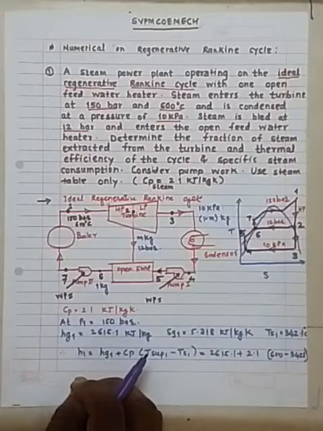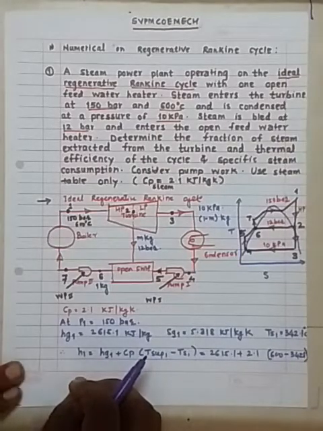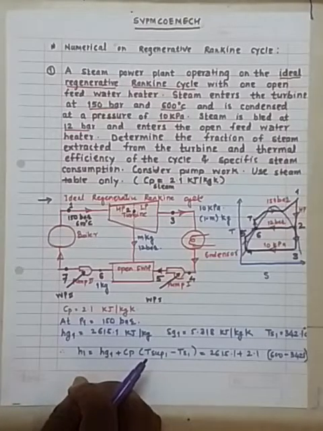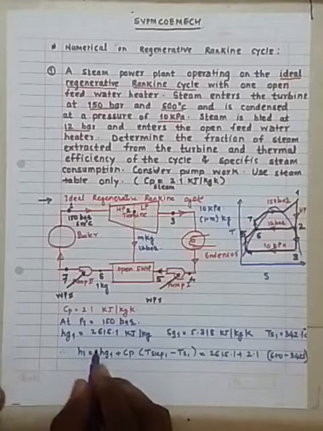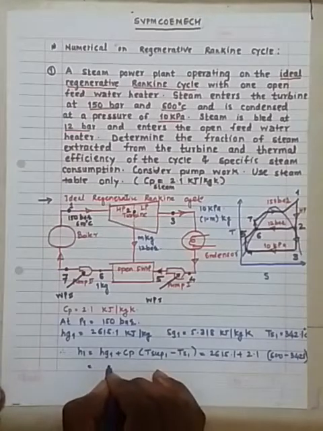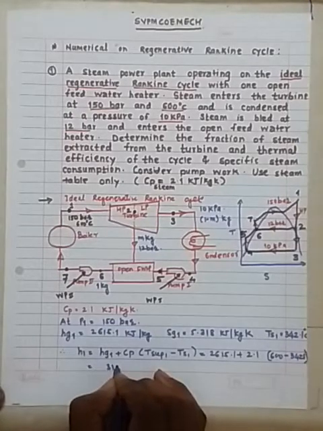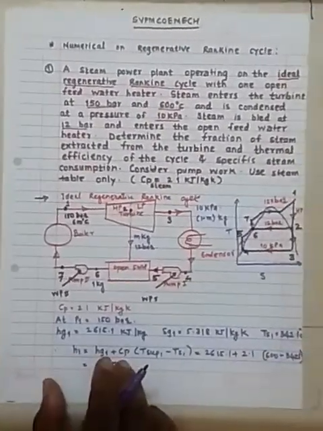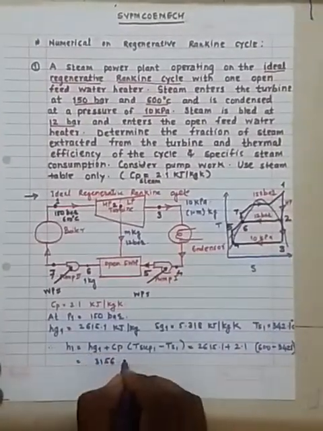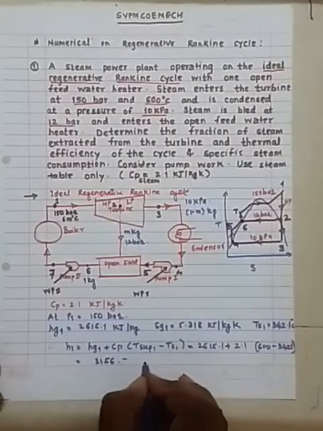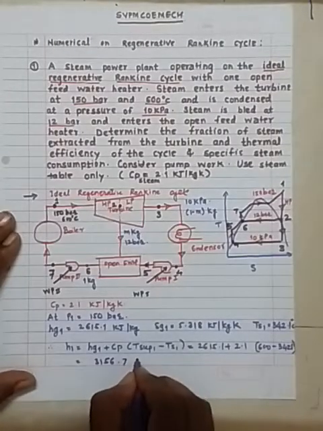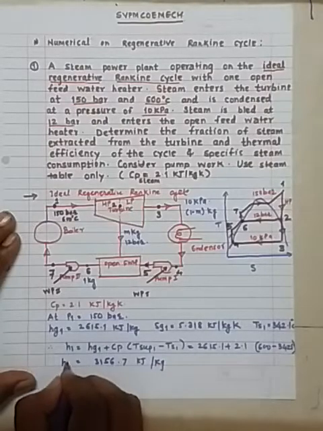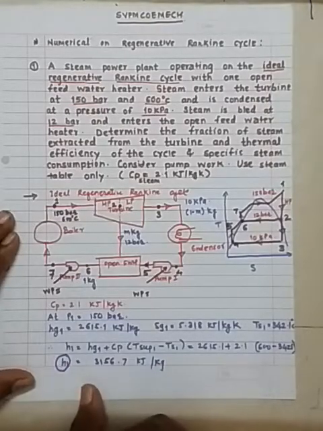Now I can calculate the value of H1, that is 3156.7 kilojoule per kg. So I have the value of H1 now.